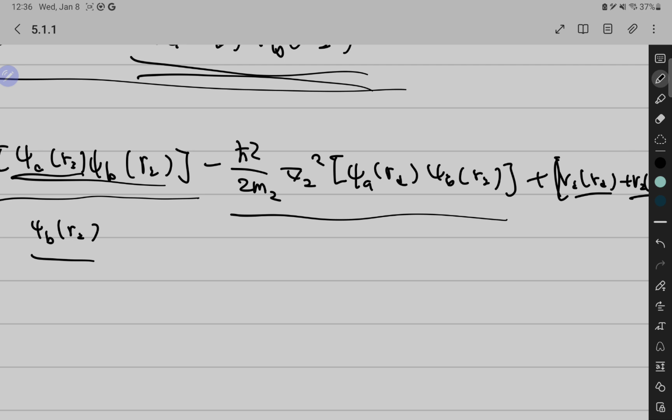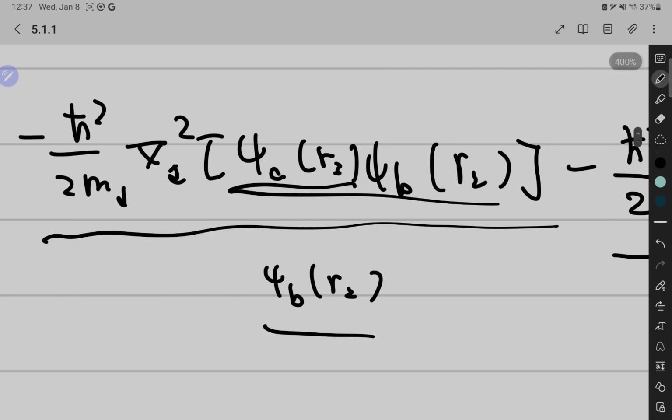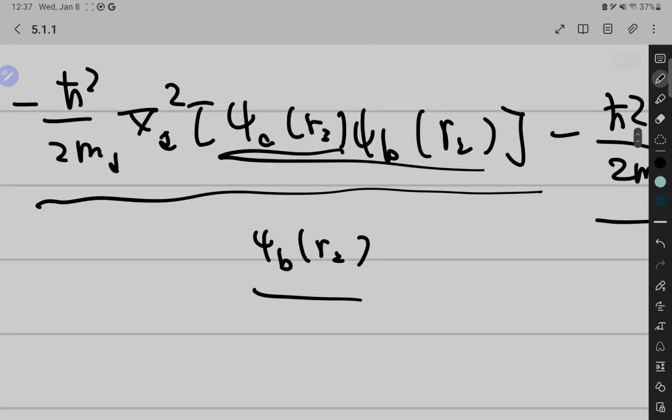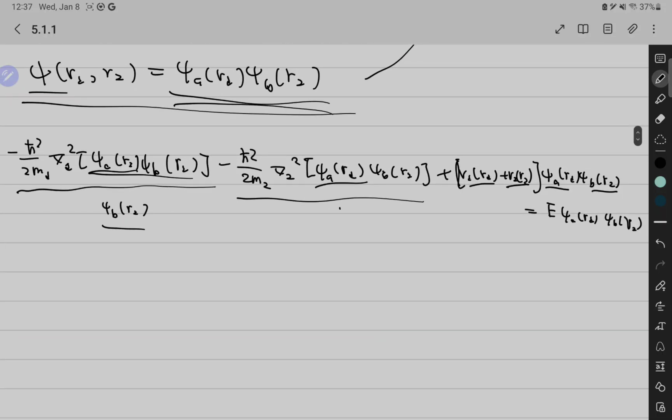We have Laplacian 2, so phi A can be taken out as a constant in this case because it's just a constant factor. The Laplacian is with respect to R2, and it doesn't act on R1. So in this case, we can treat these as constants and take them out.